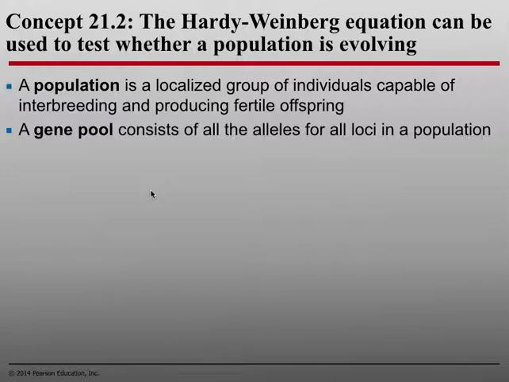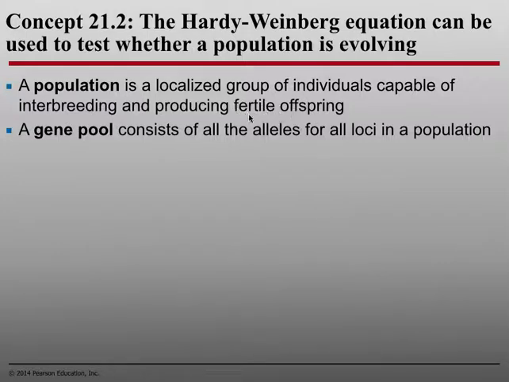So we're going to start with the Hardy-Weinberg equation just because it's a little bit easier to see the mathematics behind it before actually going into the whole thing. A population is a localized group of individuals capable of interbreeding, there's the key, and producing fertile offspring.